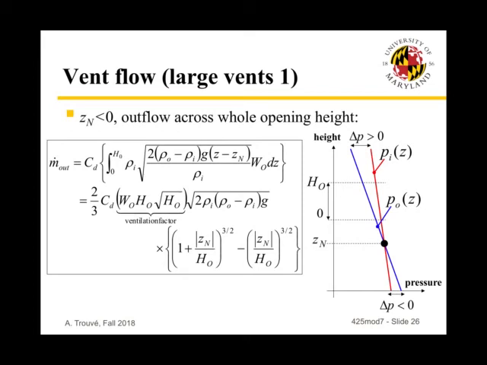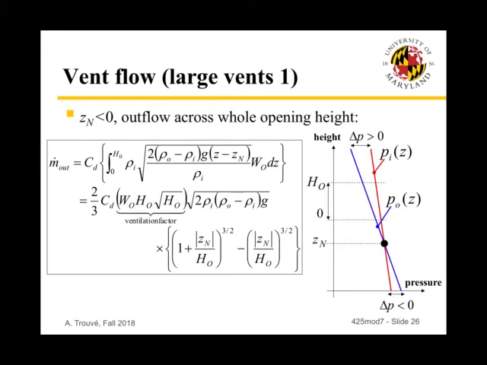The surface area of these elementary bands is WO delta z, and the mass flow rate through that band is going to be rho times the Bernoulli velocity, written as the square root of 2 delta p divided by rho, times the surface area of the band.